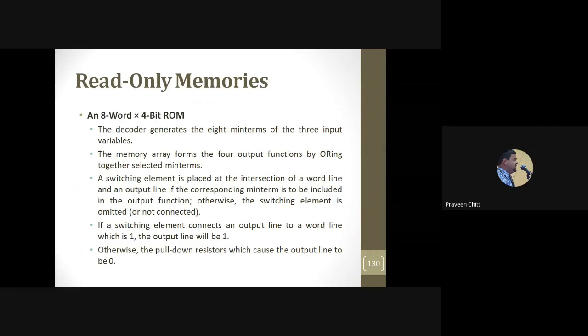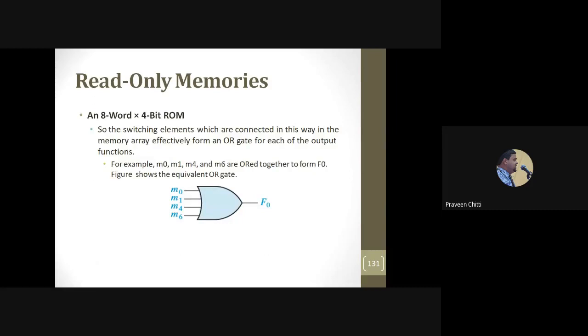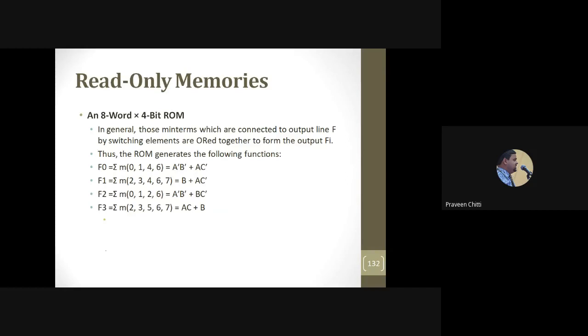Whatever I have explained, the same thing is put here in this slide. You can go through it afterwards. Normally at the output, by default, there is an OR gate. Whatever minterms will be ORed to get the output. So here F0 is M0 or M1 or M4 or M6, or the same thing can be written in canonical SOP form as F0 equal to sigma M 0, 1, 4, 6. That is how it is implemented. And then you may ask, how did I get this A bar B bar plus AC bar?